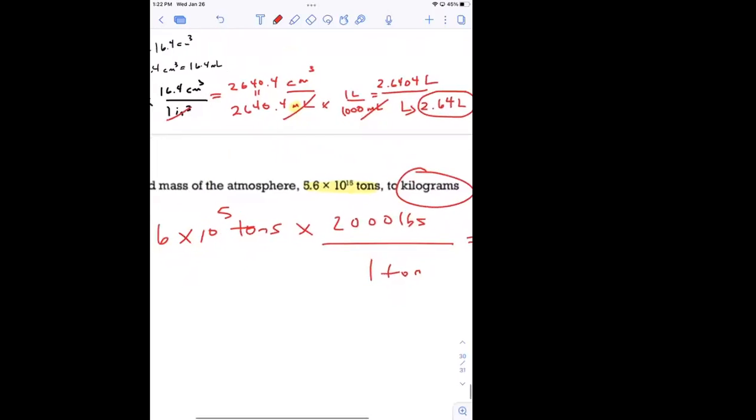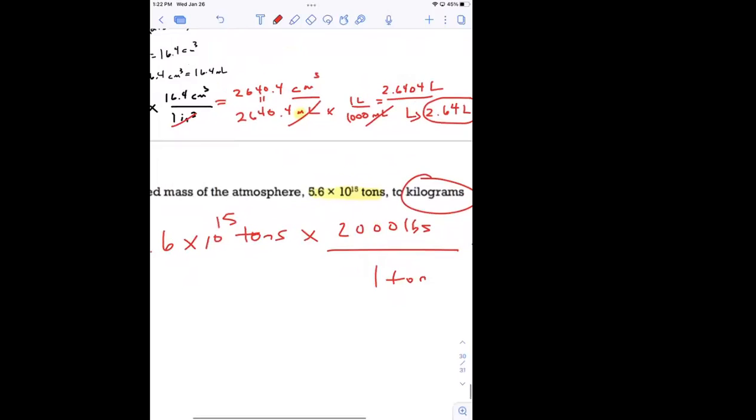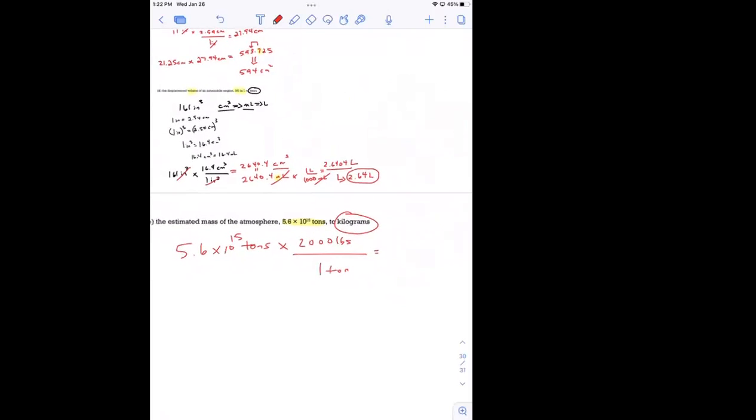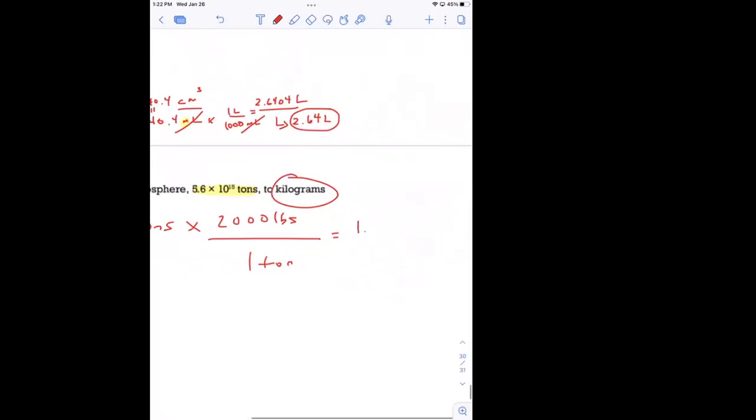Oh, I'm sorry. 10 to the 15th. My bad. I got 1.12 times 10 to the 19. Okay, great. I'll take that. Same thing I got. 1.12 times 10 to the 19th. Yes.